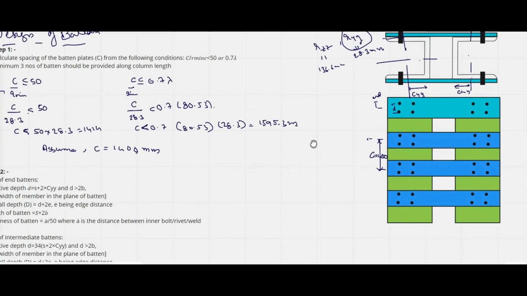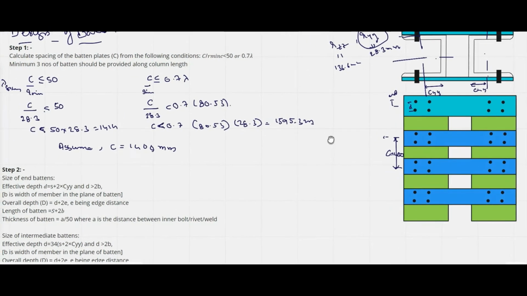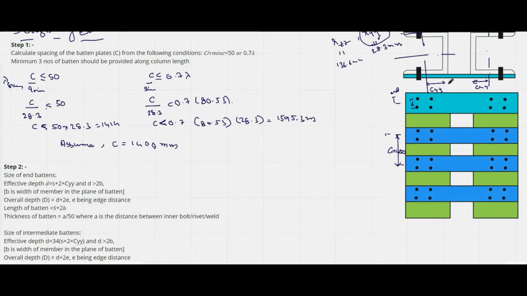It is clearly given that the effective depth must not be less than the center to center distance between the two main members. So the effective depth will be equal to S plus 2CYY, and it must also be taken care that the effective depth of the section must not be greater than 2 times B.